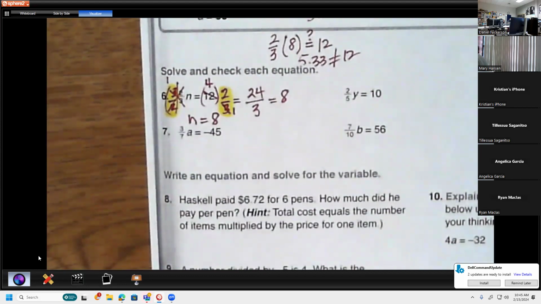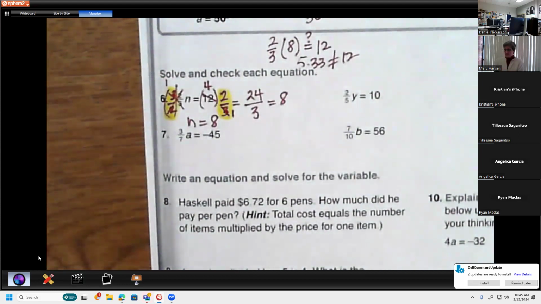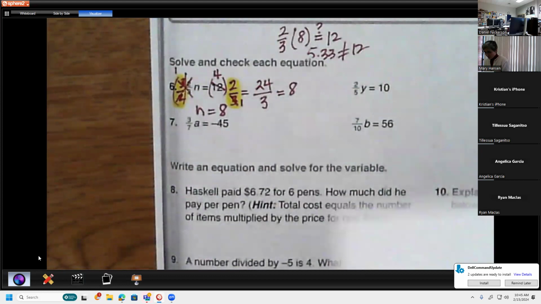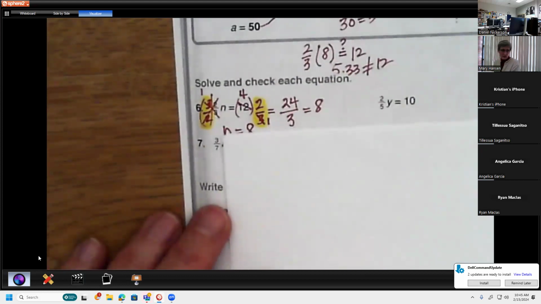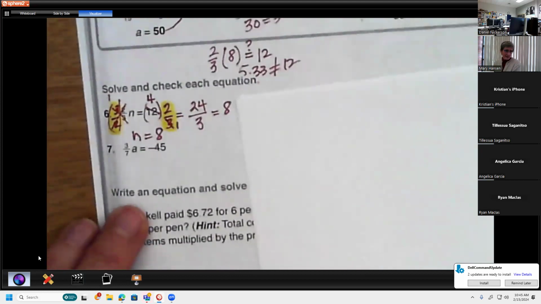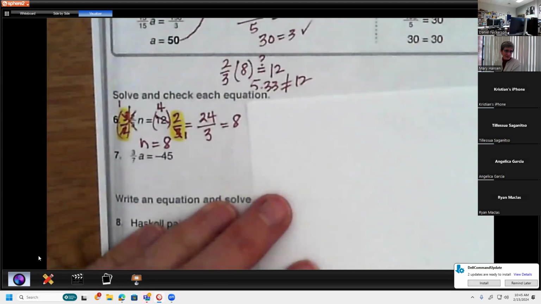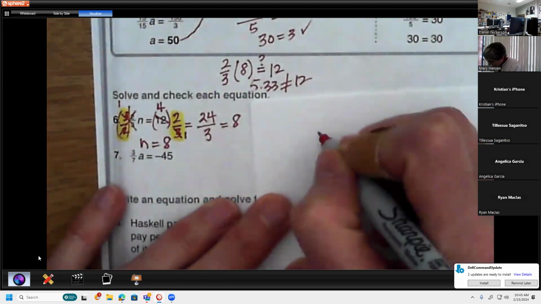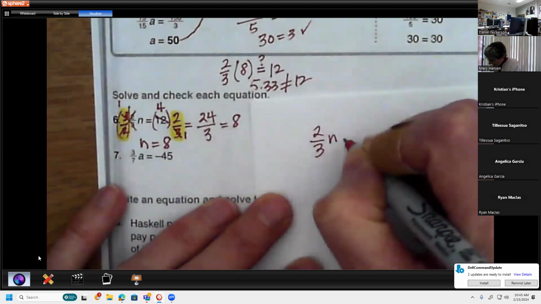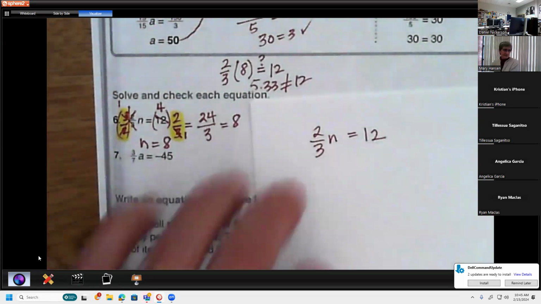So this is why it's never a good idea to do math in pen. So if you wrote that down in pencil, you just erase it. And if you wrote it in pen, we're just going to start over. Okay. 2/3 n equals 12.